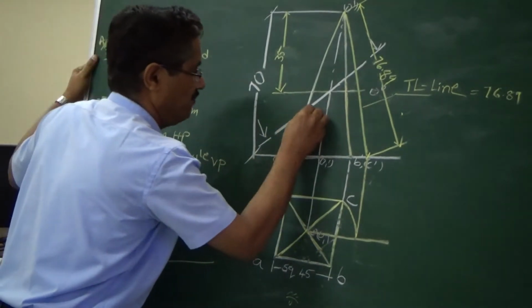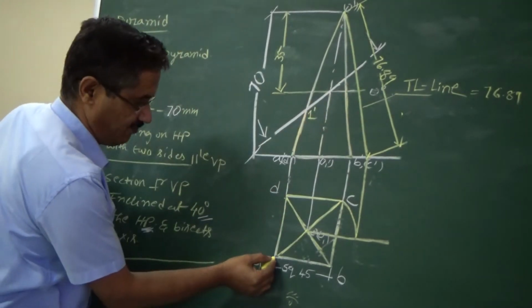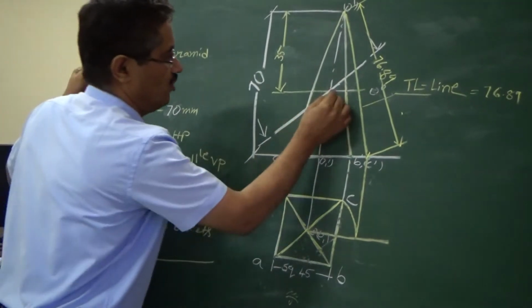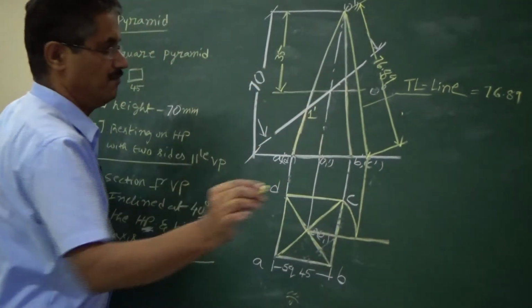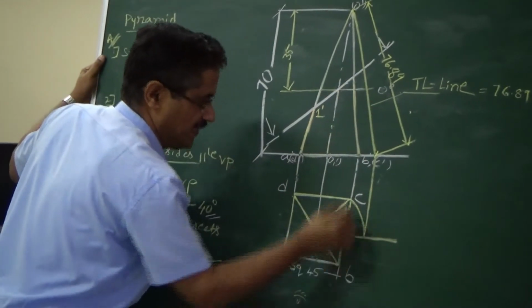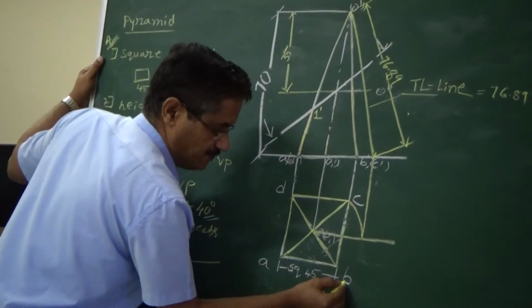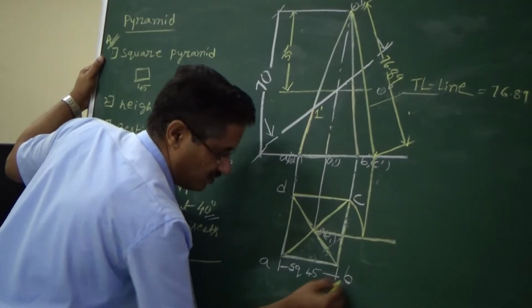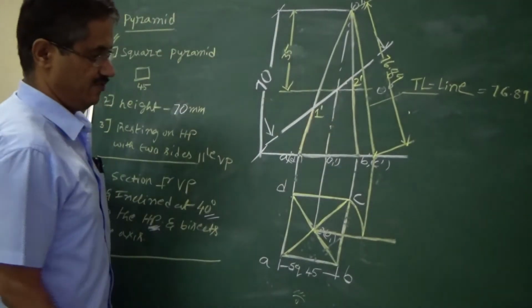Let me give a number 1 dash to the visible one, that is for the OA. Then you move ahead forward in this direction. Axis is there, don't number that. Go forward, you will get 2 points here, B and C, that is OC and OB. Which is visible? OB is visible because it is nearer to the observer. So give 2 dash. So we have done both.